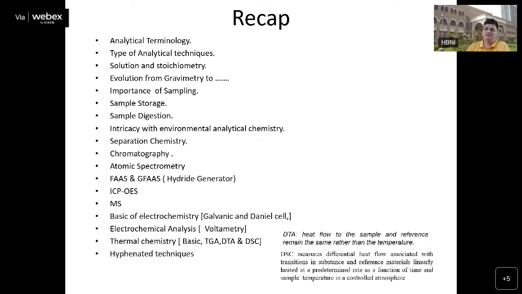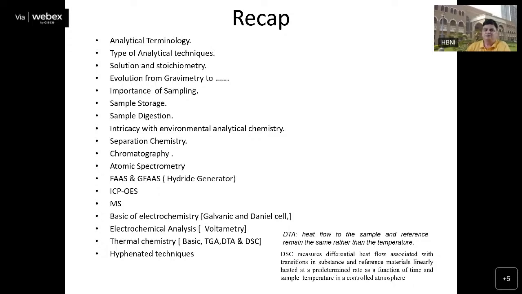The methods are like X-rays, OES, optical emission spectroscopy. And today, whatever we are going to discuss, neutron activation analysis, also comes under the comparative methods. There also we need matrix matching standards to have meaningful measurements.